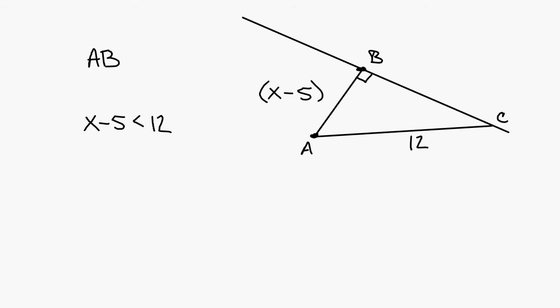Would you be wrong if you wrote it with the 12 first? No, it wouldn't be. You just have to make sure the inequality is pointing away from the 12. So if you add 5 to each side here, the 5's cancel out, and x is less than 17.